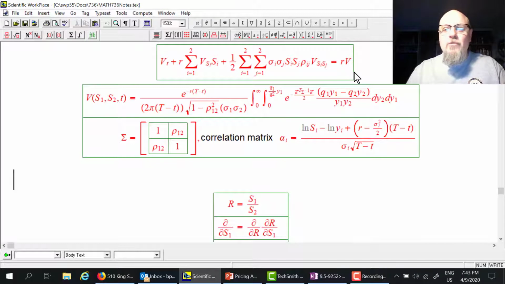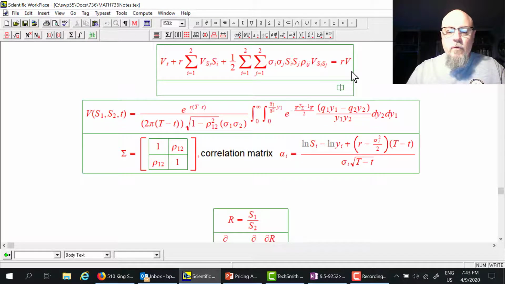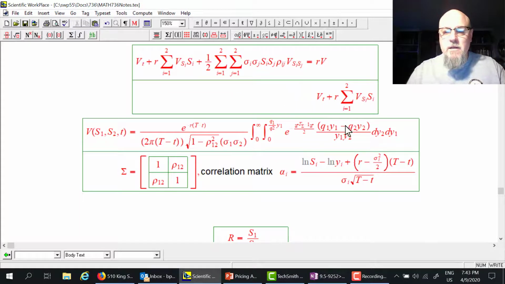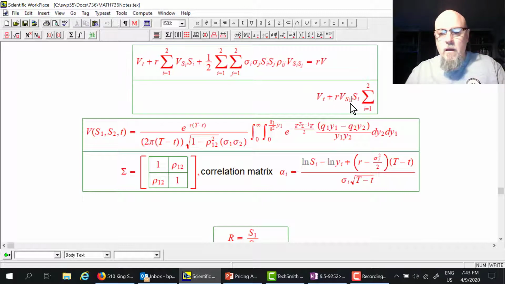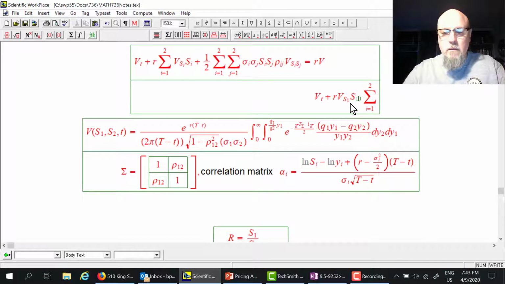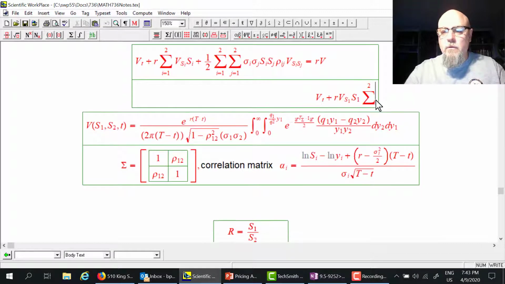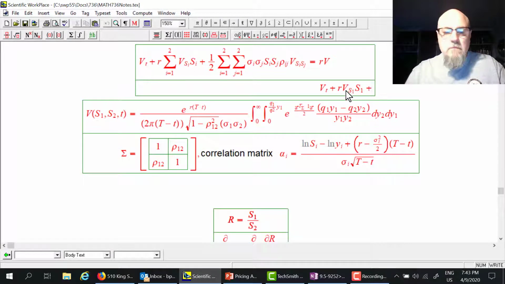It's only 2 stocks, so before we jump into this ratio, let's clean this up a little bit. Like this first piece, I don't really need a summation. It's really just when I is 1, plus when I is 2.